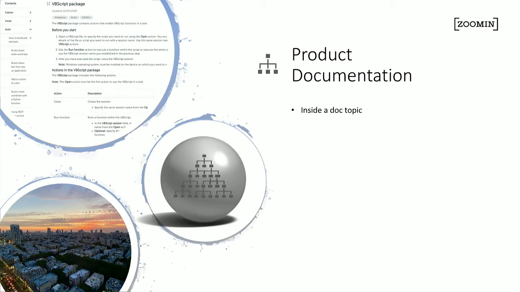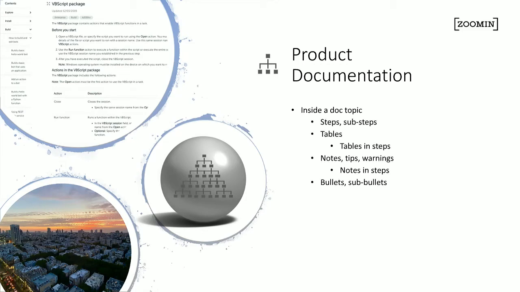So when you look at the top left corner of this slide, you can see what a typical topic might look like, okay? So what you've got, for example, are steps, possibly sub-steps, and tables inside steps, and notes and tips and warnings and so on, and bullets inside steps.